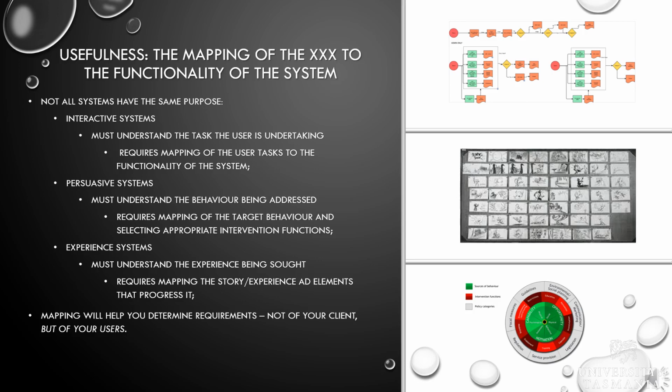Now, in this space, it's not just about fulfilling a task. It's actually understanding the nature of the human who is going to be using the system. To start off with, which is also represented at the bottom of this slide, that circle is what's called the behavior change wheel. The behavior change wheel is an interesting and useful technique that comes from the discipline of psychology.